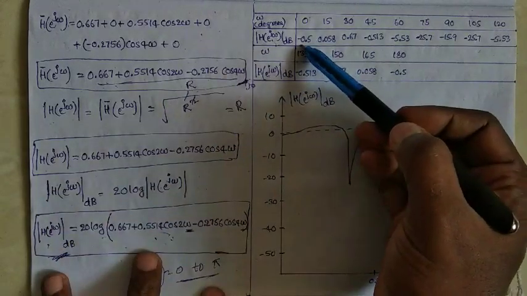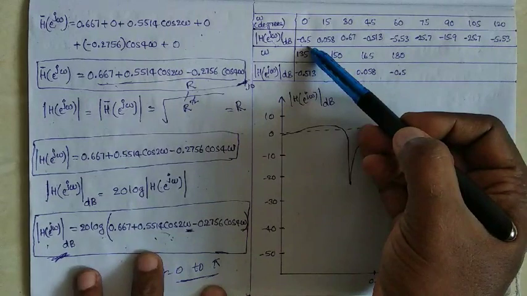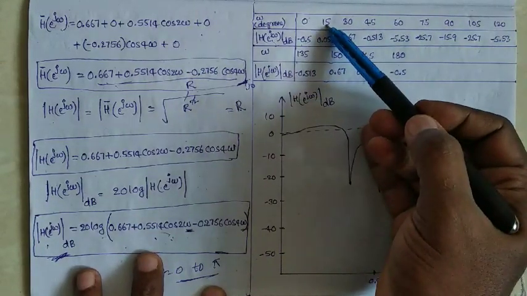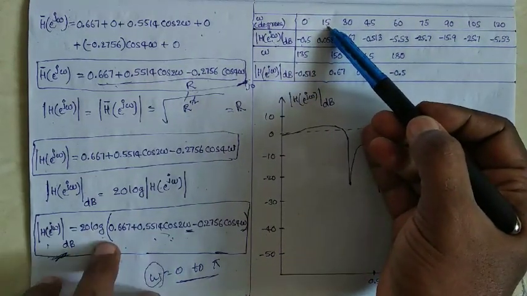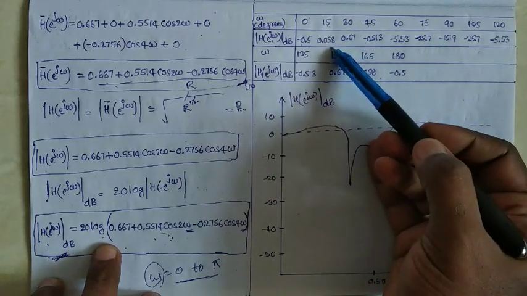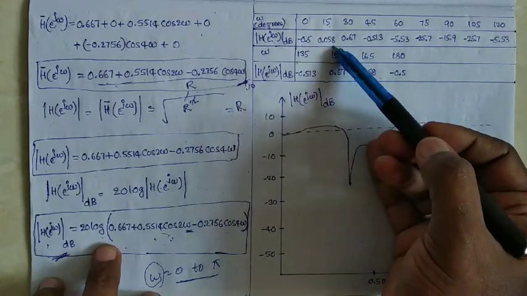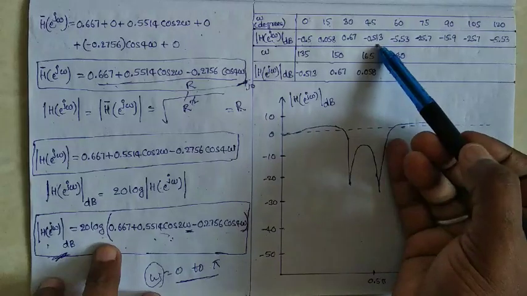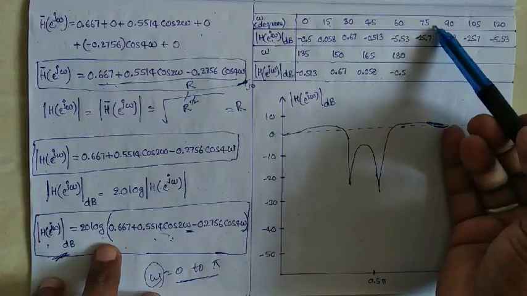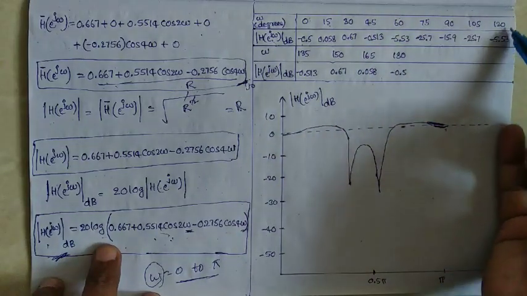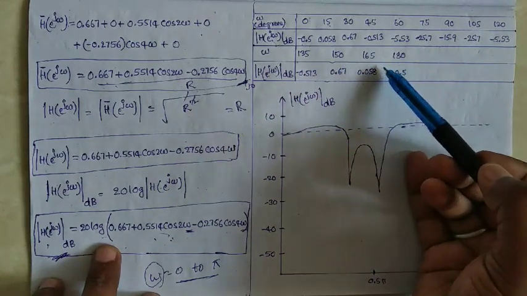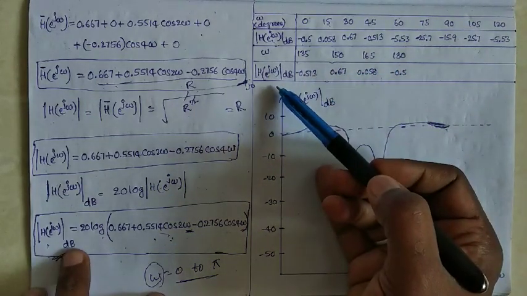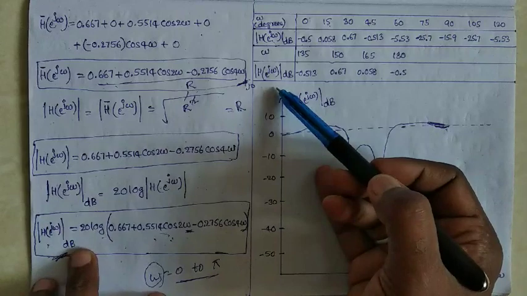That resulting value is minus 0.5. Similarly, substituting 15 degrees in this equation, the resulting decibel magnitude is 0.058. Then 30 degrees, 45 degrees, 60, 75. For all those frequencies we calculate the decibel magnitude of h of e power j omega.